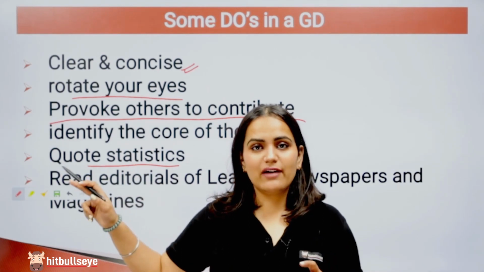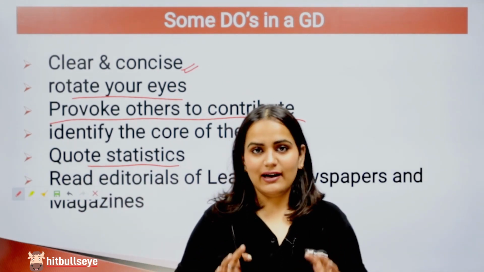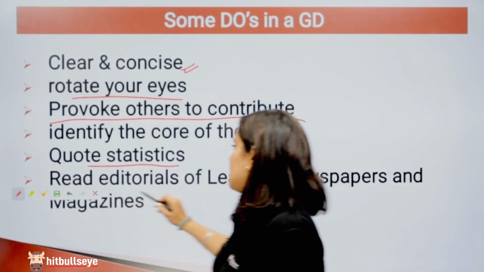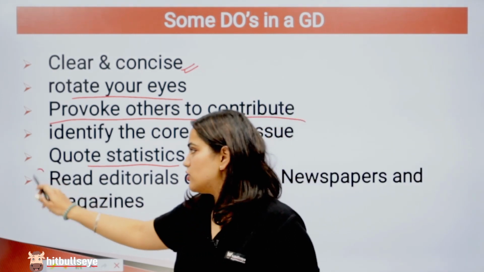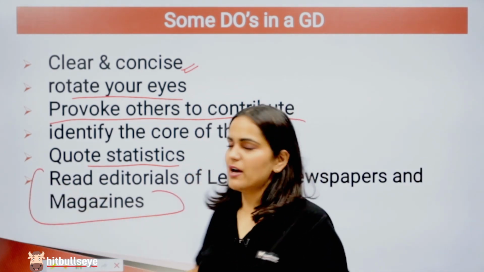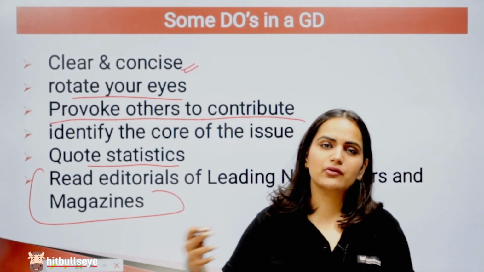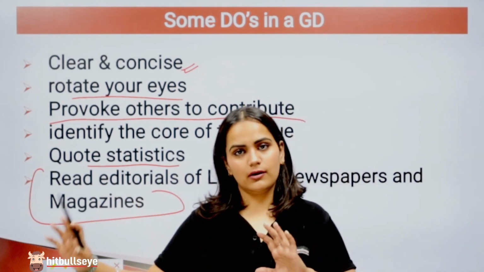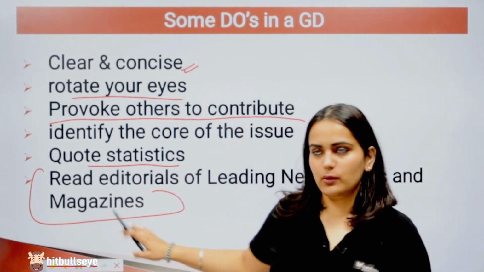Because in the previous slide, I've already told you that bluffing the statistics would be a suicidal deal, right? Don't do that. Next, read editorials of leading newspapers and magazines. This is just to help you prepare for certain topics which can be asked in the GD round, right? So that you don't have to think much in the real GD, right? And you already have content in hand. This is what will help you guys.